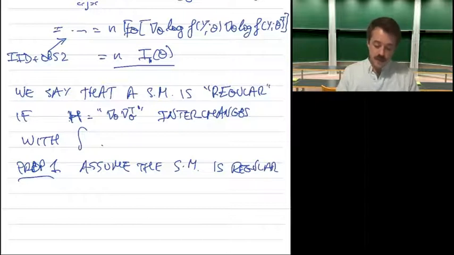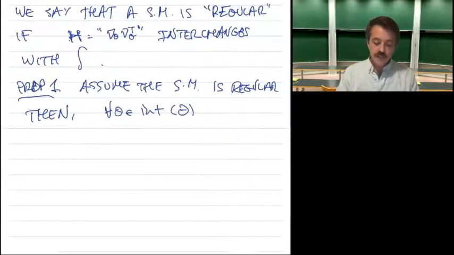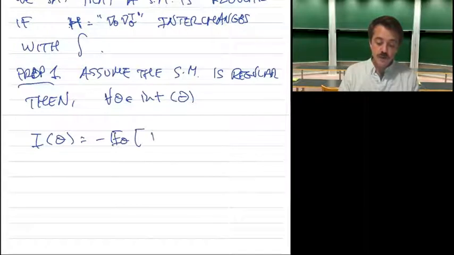Then for all theta in the interior of our parameter space, the Fisher information matrix can be written as the negative expectation under theta of the Hessian of the log of the PMF or PDF.